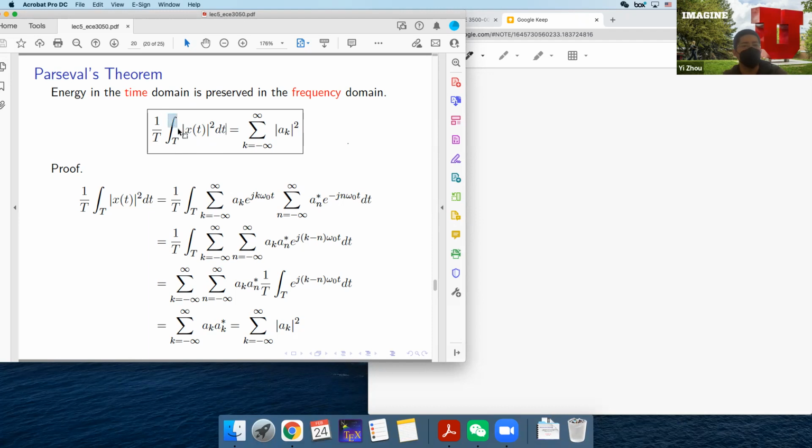Because inside this integration collects the energy of the signal over one particular period, and then we distribute this energy over the entire period, 1 over T. So that is kind of like the definition of power, but only within one period.